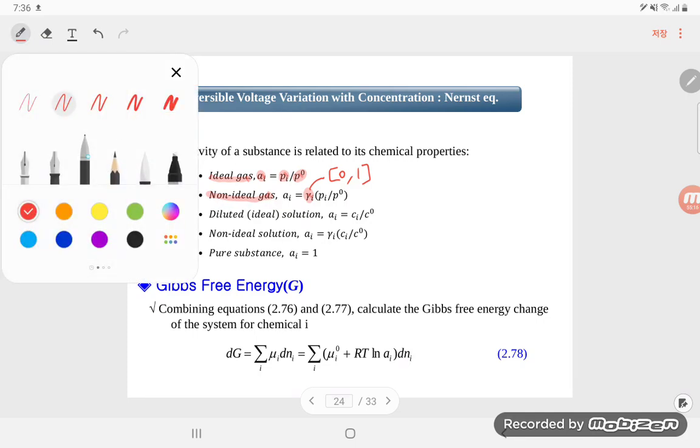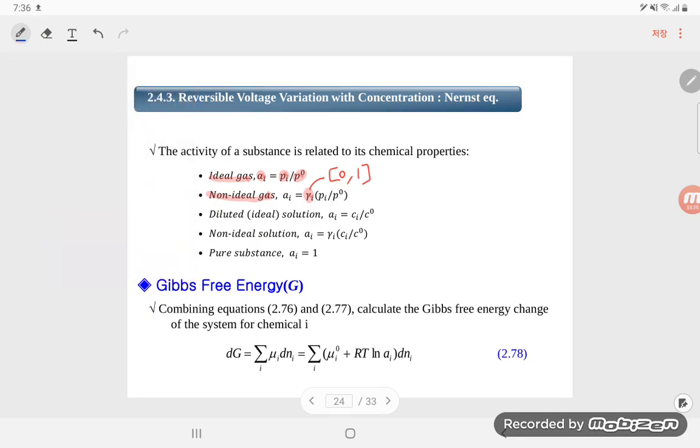And for the solution, diluted or ideal solution, the concentration is the activity, and for the non-ideal solution, real solution, we also consider this gamma i together.